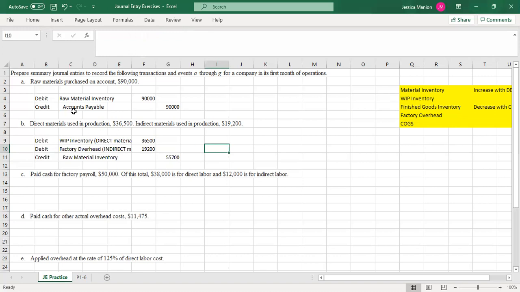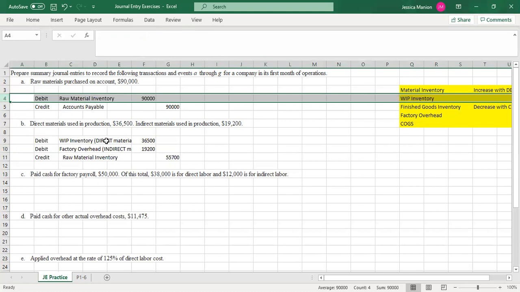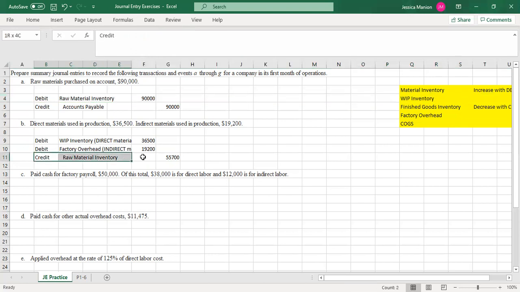So again, when we purchase raw materials, we were debiting or increasing raw material inventory. And then when we take some of that raw material and transfer it over to the factory, now it's in the factory and it's getting used in production, in the manufacturing process. So we're taking it out of raw material inventory and accumulating those costs into work in process and factory overhead: work in process for the direct material portion, factory overhead for the indirect material portion. That's what we did there, right?